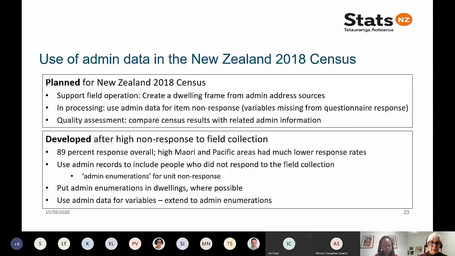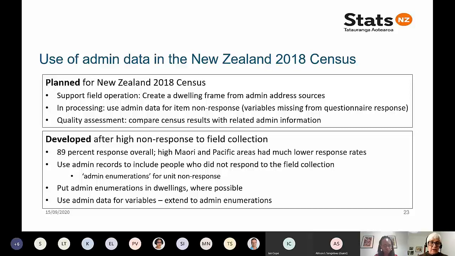So we needed to do something about this, and because we had been looking at administrative data for quite a while, and we produced a resident population, as Anne has described in the ONS, we'd come quite a long way with that.